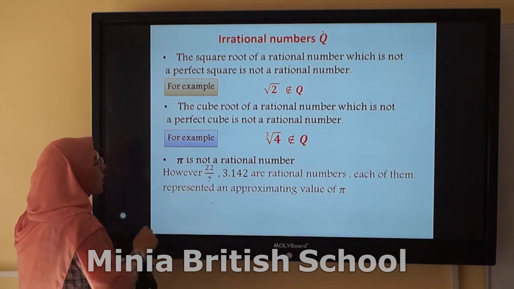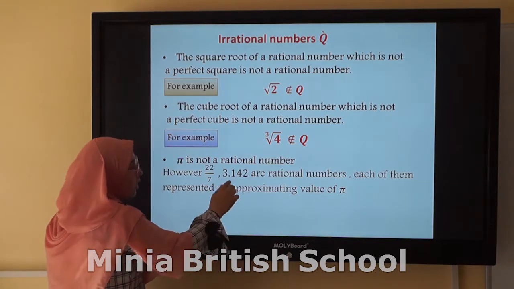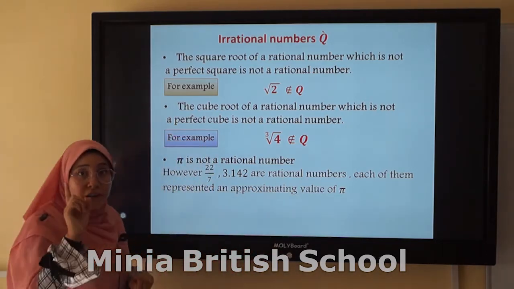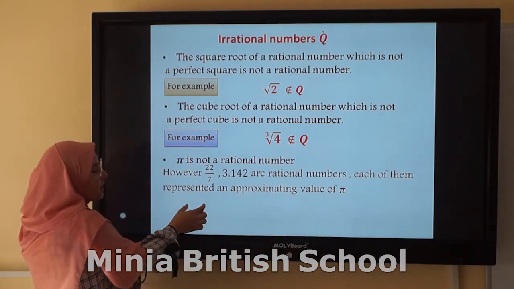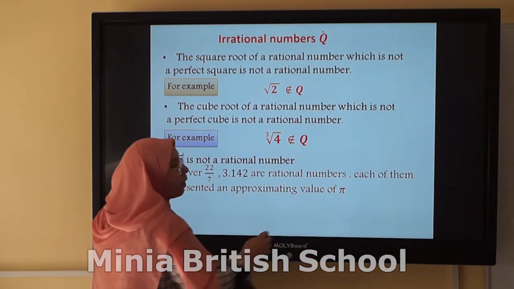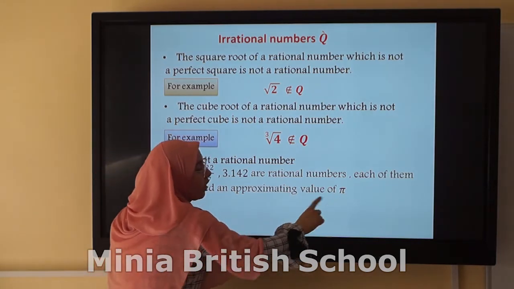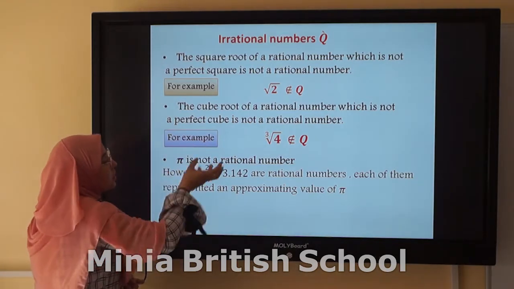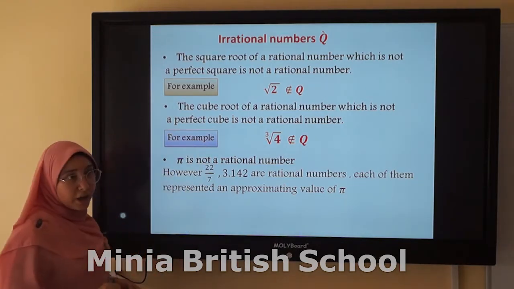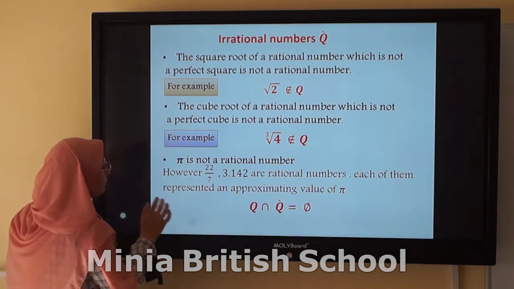So 22/7 and 3.142 are rational numbers, but each of them represents an approximating value of pi, not equal to pi. So pi is a famous irrational number.